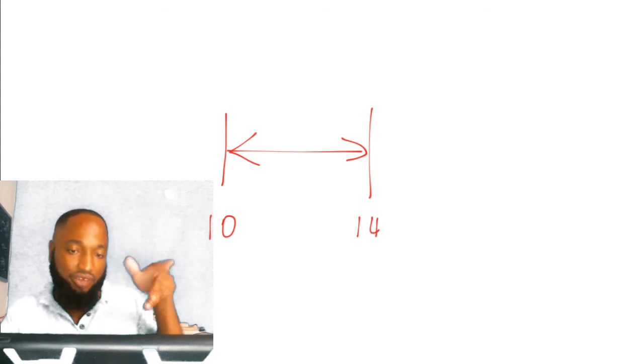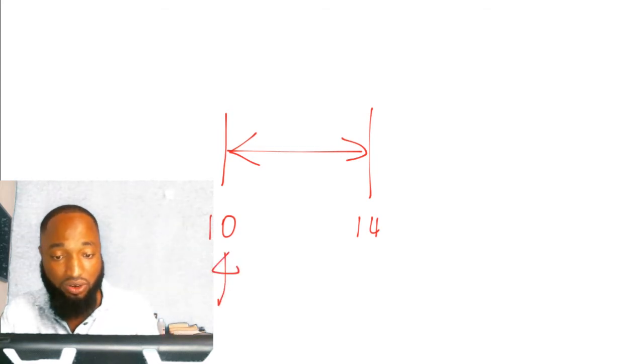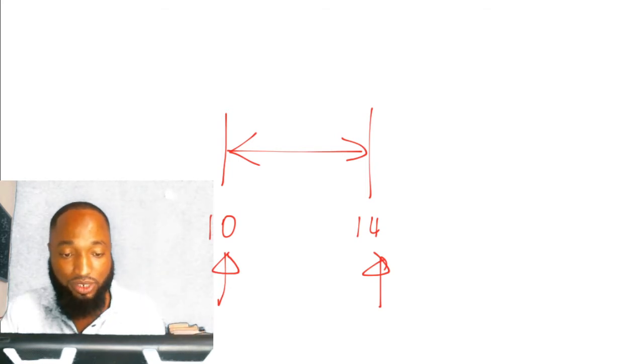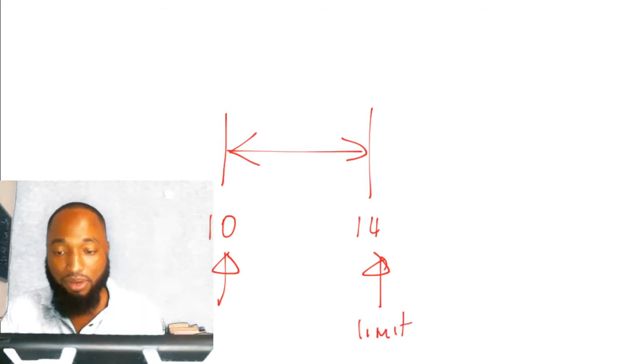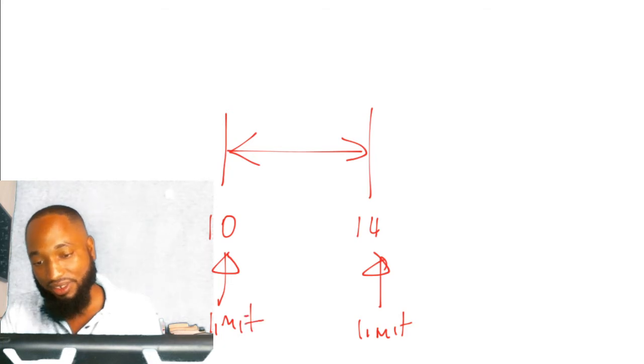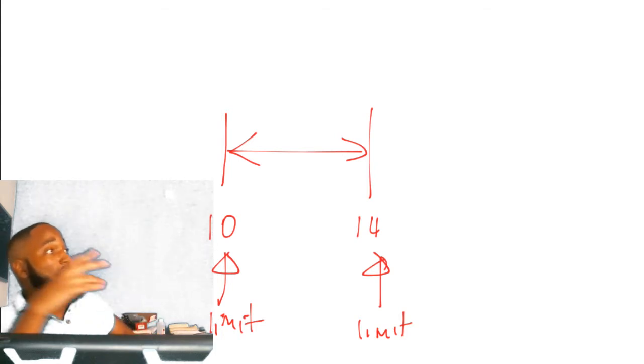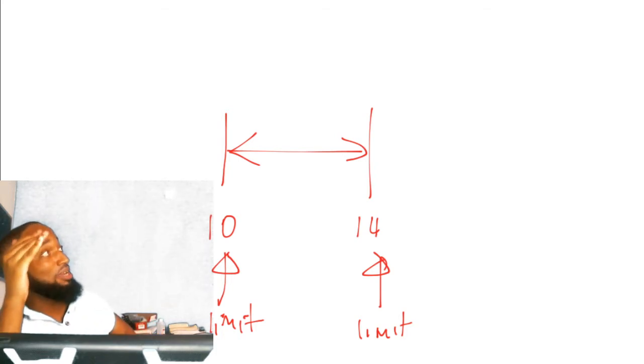So that's your interval. This is actually called your class limits, your upper limit and lower limit. So these are your limits. But if you want to go a little further, maybe your parents might say, boy, you're reaching the limit.